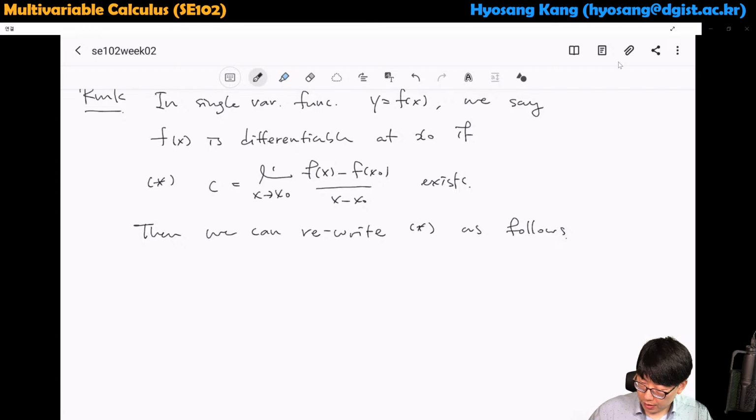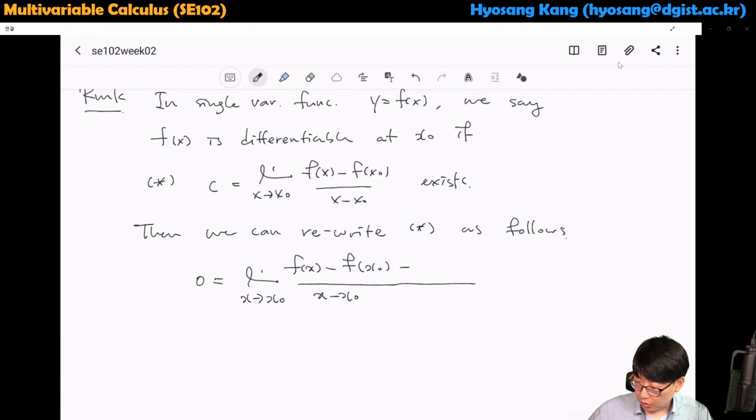Put everything on the right hand side. So we get the limit as x goes to x0 of f(x) minus f(x0), and then there's a minus c, but I want to put that in the numerator, so we have c times (x minus x0).